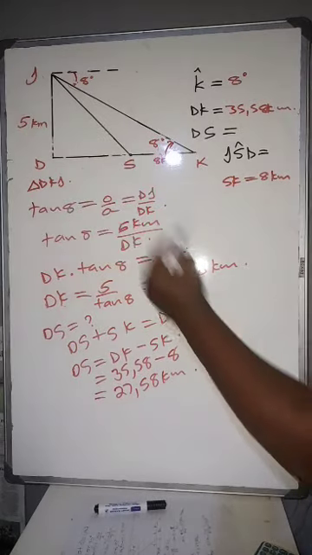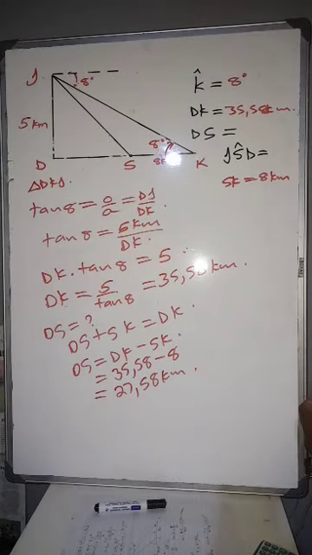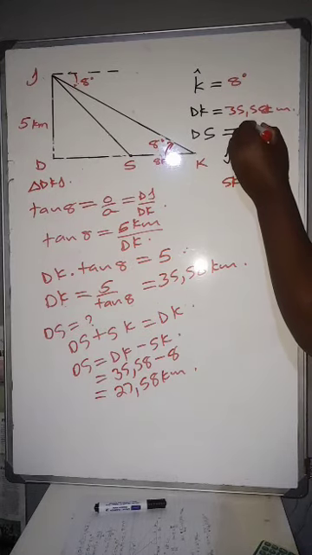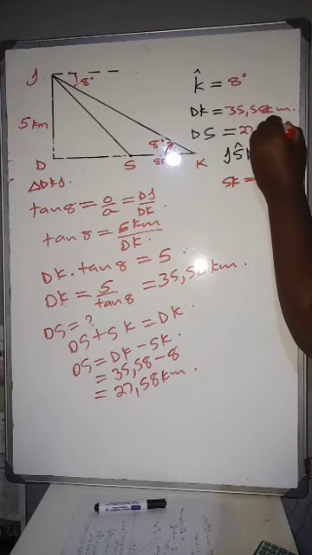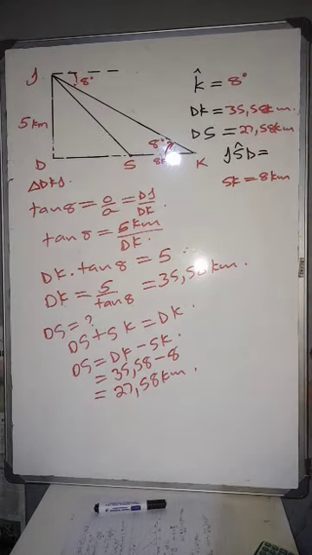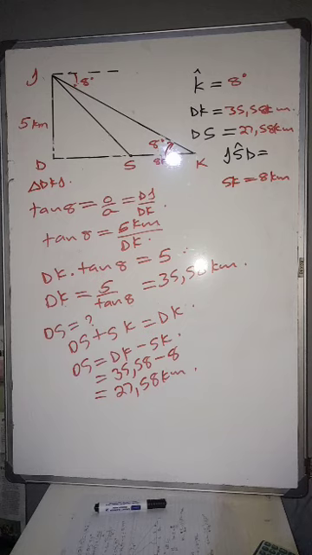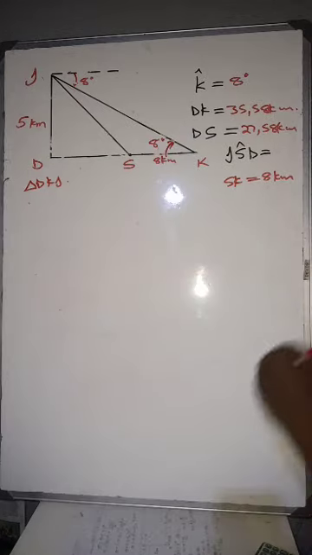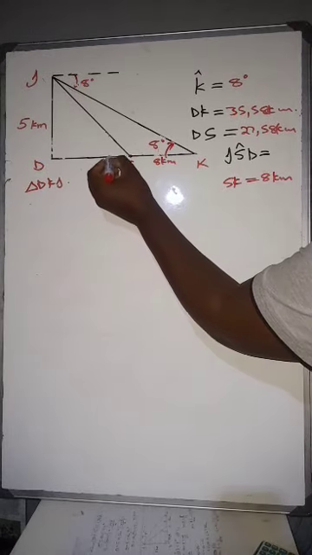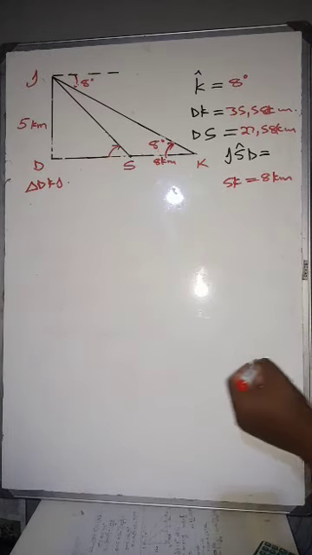So DS is 27,58 kilometers. And then the last part of our question, we need to determine the size of angle JSD, that is this angle.